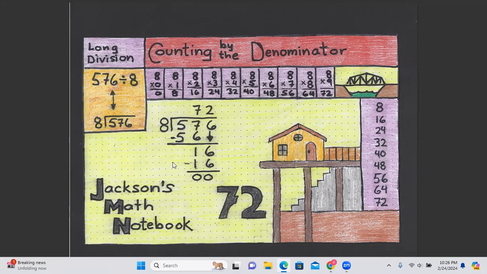Let us perform our operation. But before we perform our operation, let us multiply the denominator by numbers 1 through 9. And that's all we need to do.